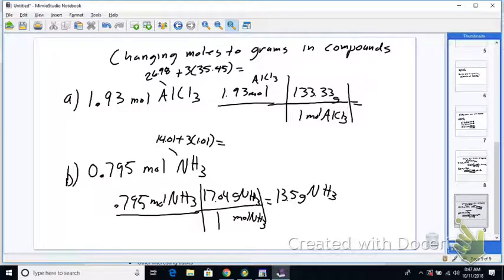So here's the assignment that I figure you guys could do. Let me find it. I wrote it down somewhere.